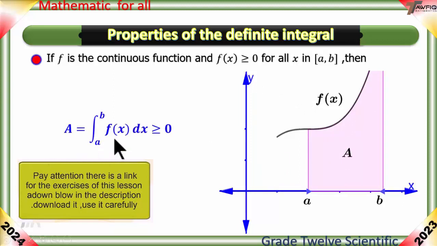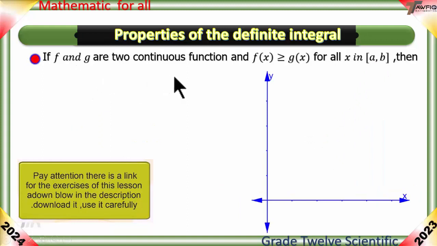So the area, the integral from a to b of f(x) dx, is bigger than or equal to 0. If the function is over the x-axis, then the area is positive, or the integration must be positive.